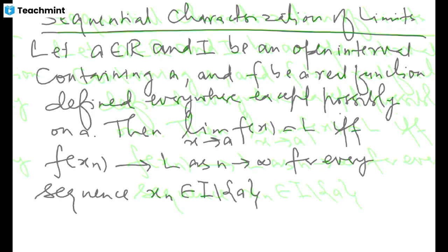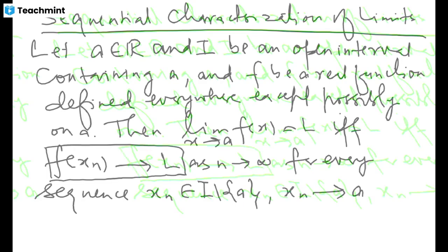That's why we are taking xn in I minus a, so that xn is not equal to a, such that this sequence converges to a. That means for any sequence which converges to a, the corresponding image sequence under f must converge to L. If it happens, then the limit of the function will exist.